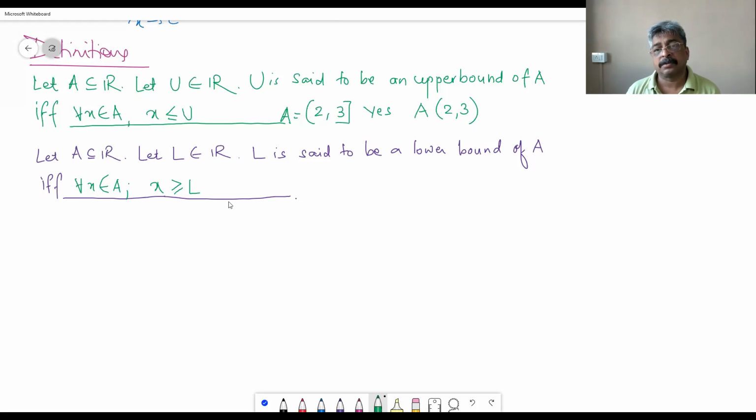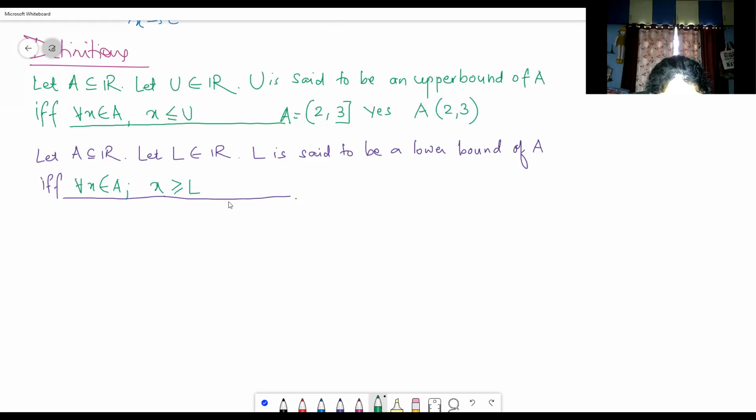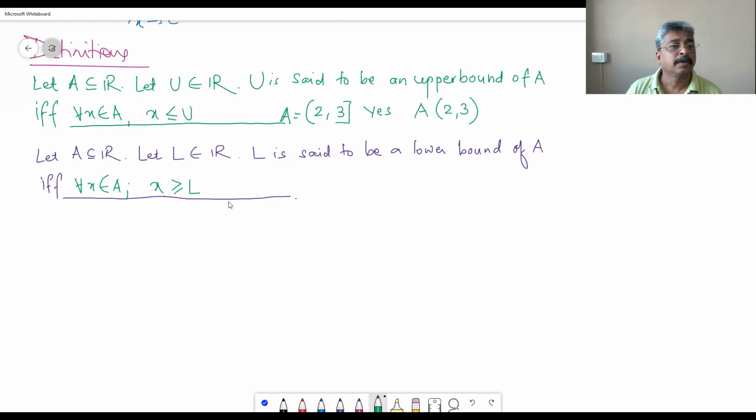Yes. Is 3 an upper bound of set B? Yes. So in both cases, yes. Is 100 an upper bound of set A? Yes. Of set B? Yes. And so on.